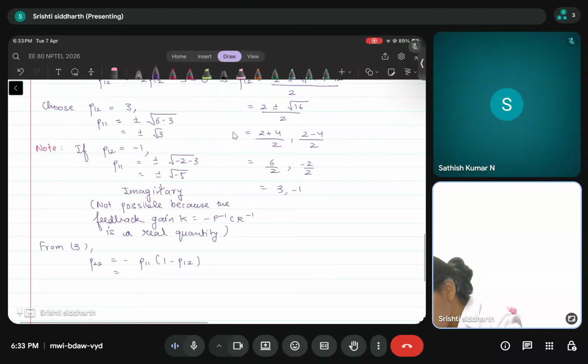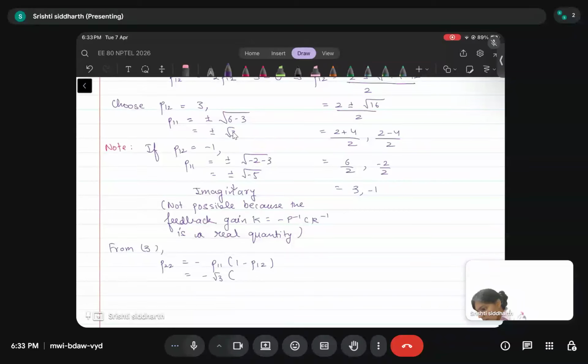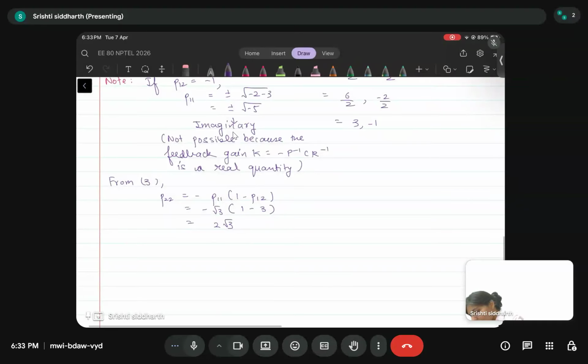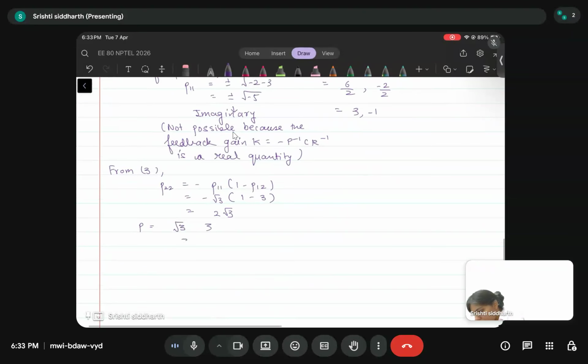So this is, let's say, under root 3, so minus under root 3, and then 1 minus 3. So this is 2 under root 3. Therefore, p is, no, this is 3, right? 3, 3, and 2 under root 3.